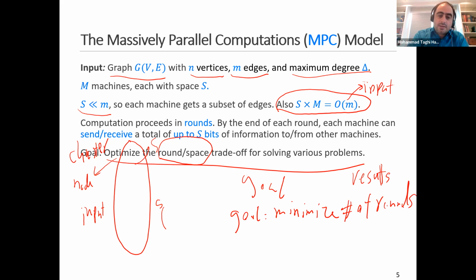But as I mentioned, there is always this trade-off between rounds and the space. Because if we can put all of this information in one computer, then we can do everything in one computer, and then the number of rounds would be one. So always we have this restriction on S that we cannot put too much information on each computer.